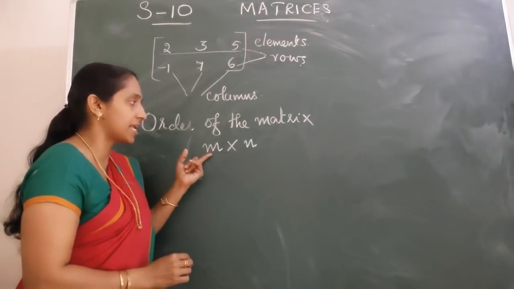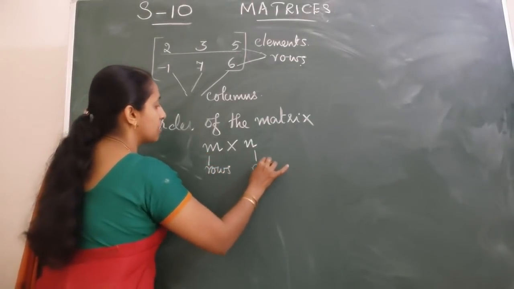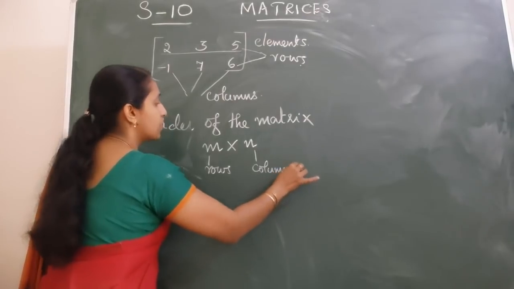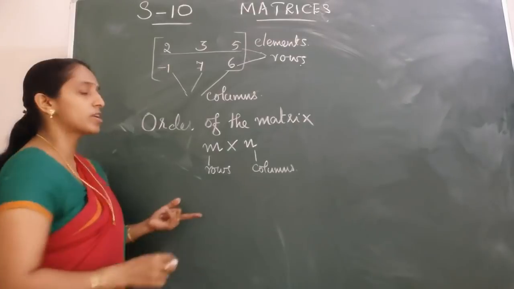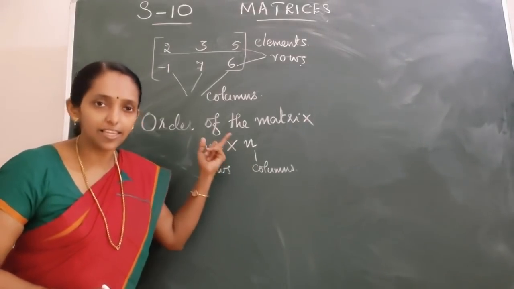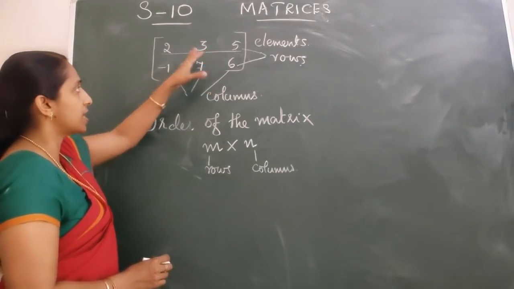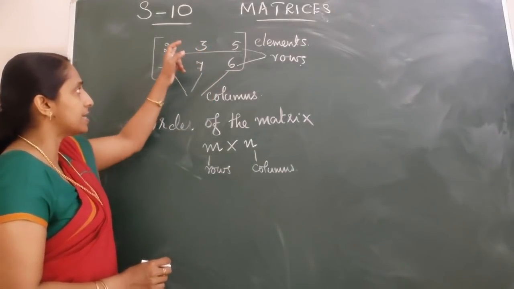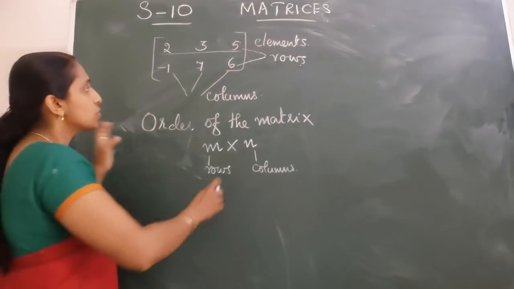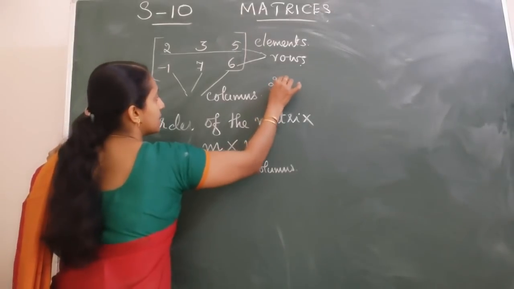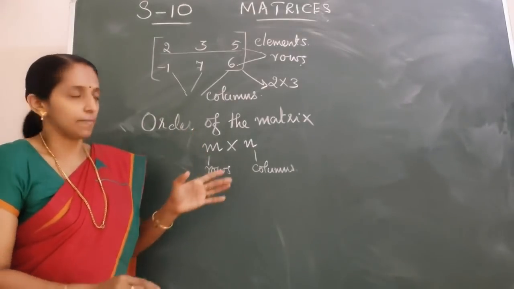That means there are m rows first, and n columns. Here in this example, there are 2 rows and 3 columns, so the order of this matrix will be 2 by 3.